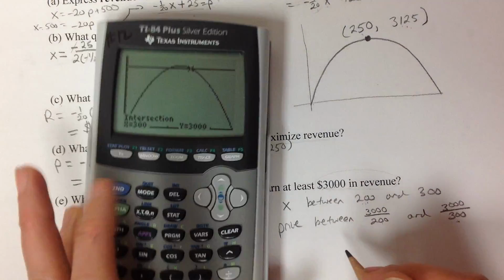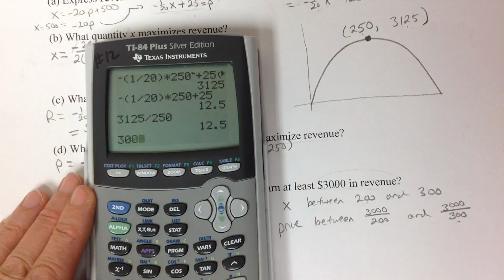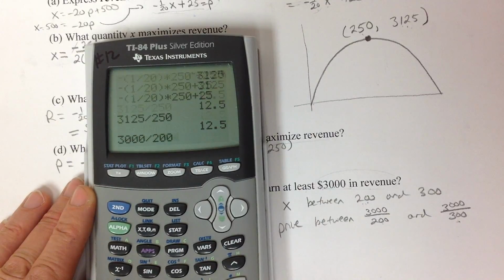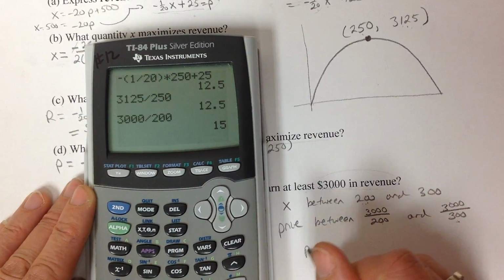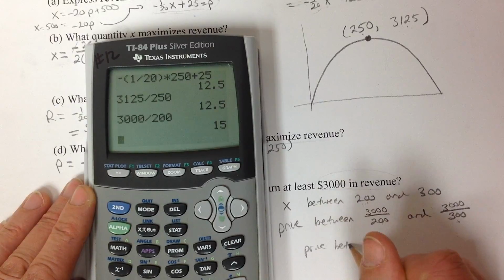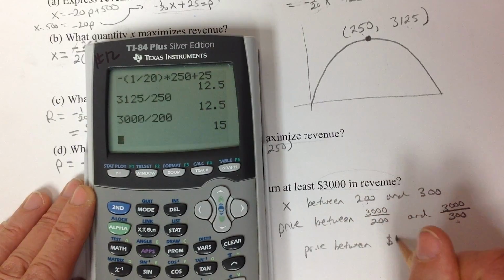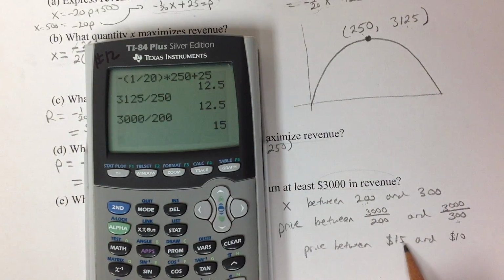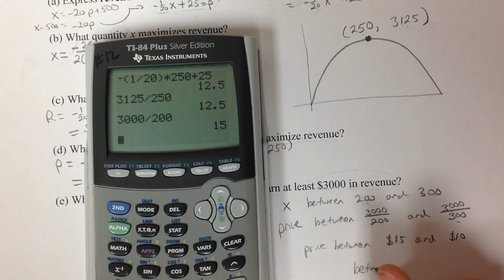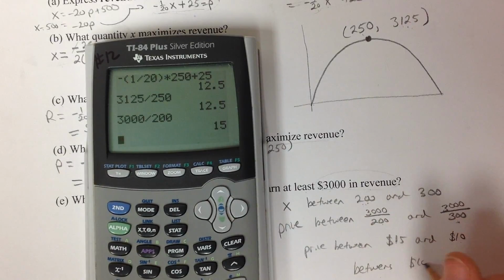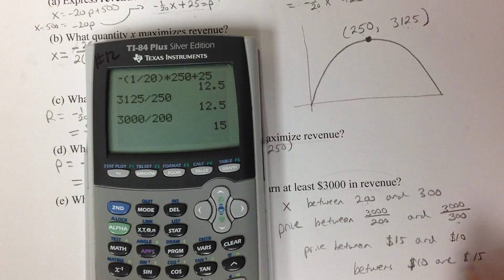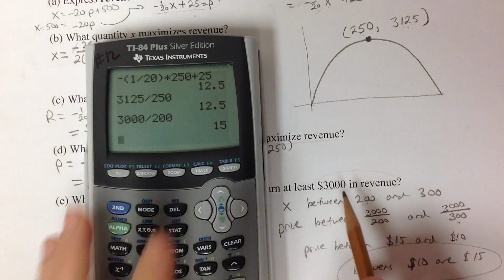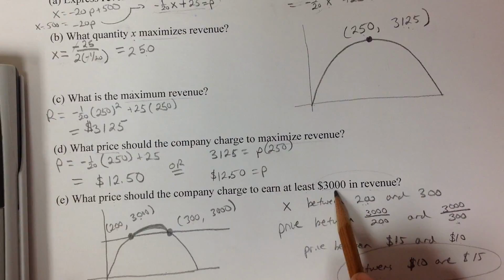Which means, when I do that division, here I get a price between $15, and this one I can even see, $10. So you might want to list it 10 to 15, because we usually go lower to higher, $10 and $15. But that's what we should charge in order to get a revenue of at least $3,000.